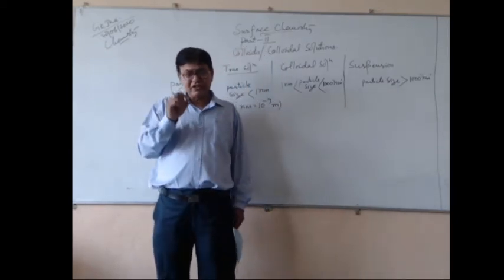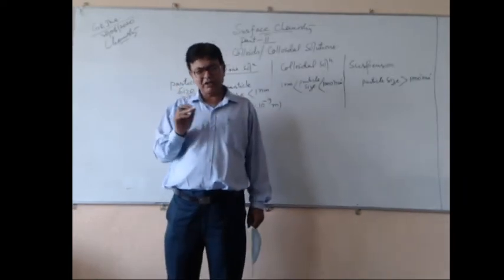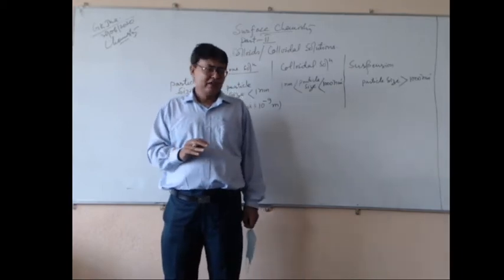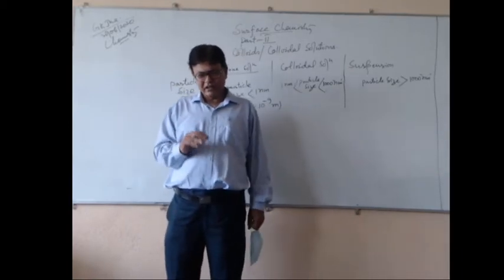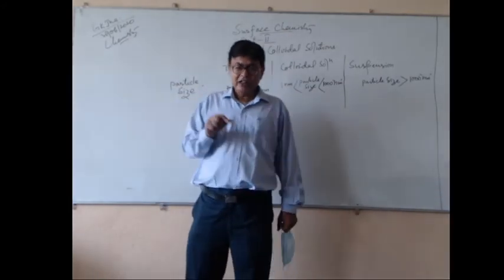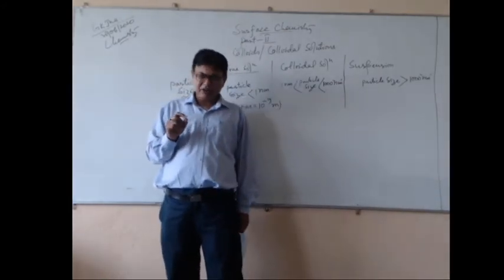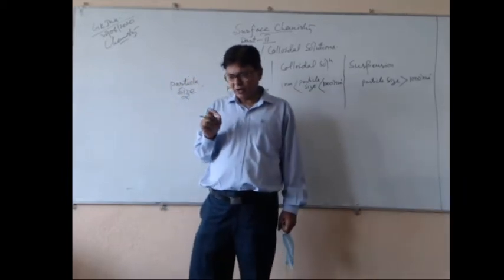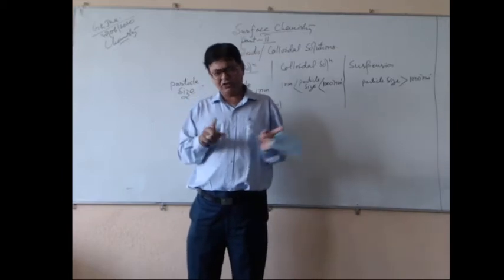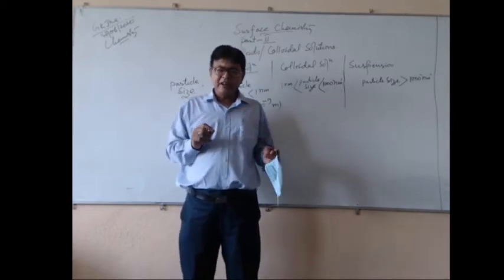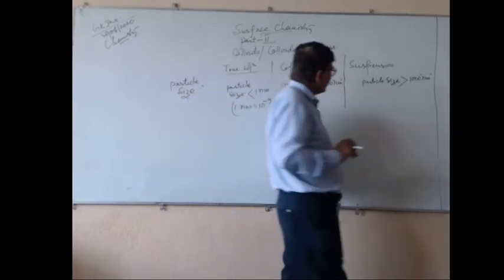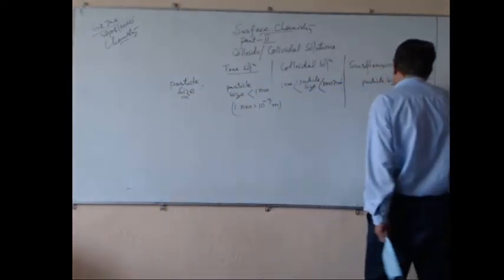Rather, this is a suspension, because after some time you will find that the chalk particles have settled down in the beaker. Those chalk powder particles which were initially scattered throughout the solution settle down after some time. So that is an example of suspension.